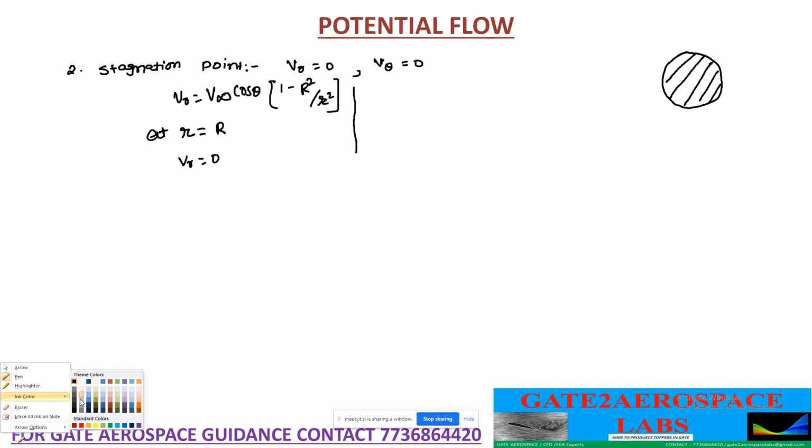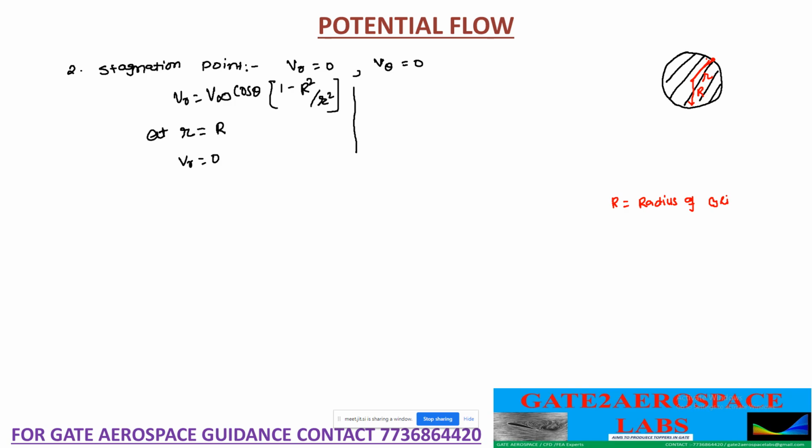Here r is the distance from the origin. When r is equal to capital R, which is the radius of the cylinder under study, that is, when you are at the surface of the cylinder, your radial component of velocity is 0.